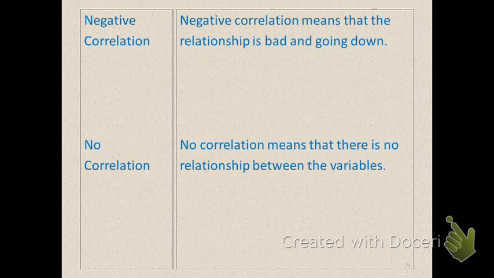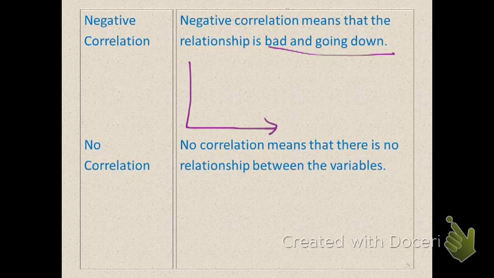Negative correlation, however, obviously, is the exact opposite. The word negative means it's going bad and it's going down. In a negative relationship, kind of in real life, sometimes if one person is happy, the other person is feeling bad. So as the x gets more and more that way, the y starts going down, which kind of creates the down line.